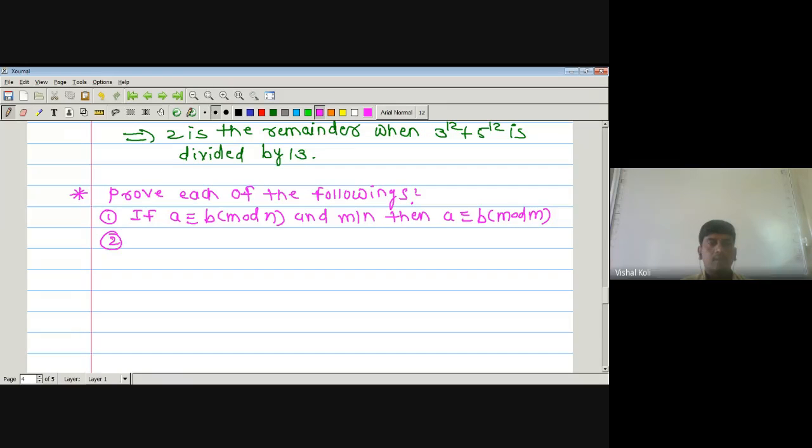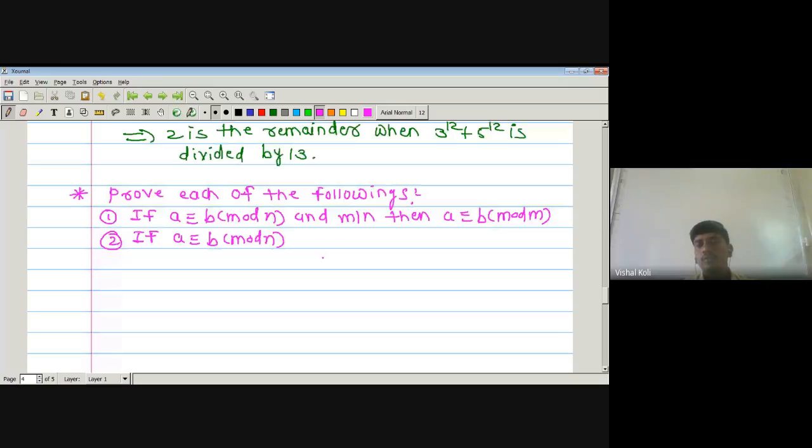Second one: if a is congruent to b modulo n and c is greater than 0, then ac is congruent to bc modulo n into c.